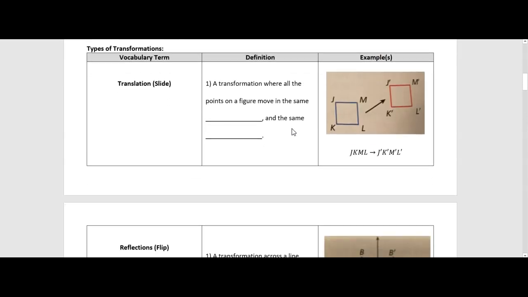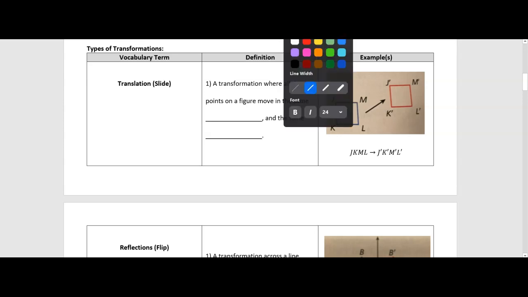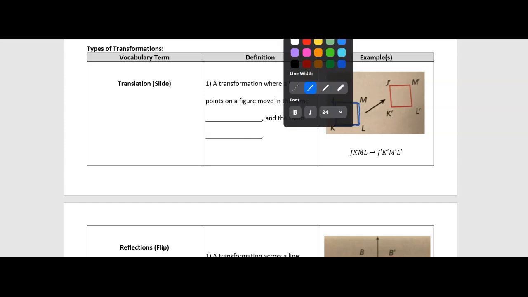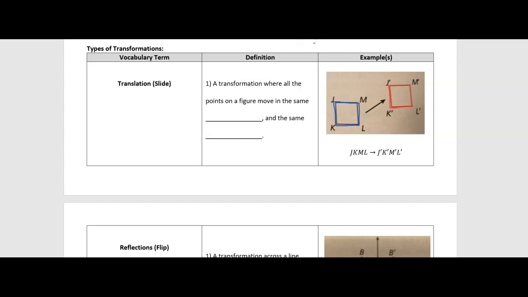Right, for translations, you can see that the pre-image, JKLM, is positioned in the same manner as J prime, K prime, M prime, and L prime. It's not twisted.